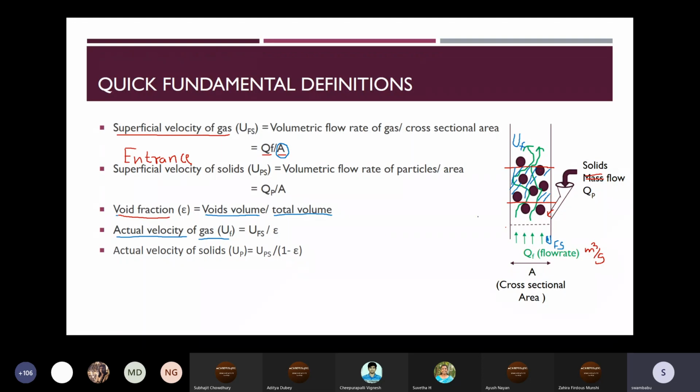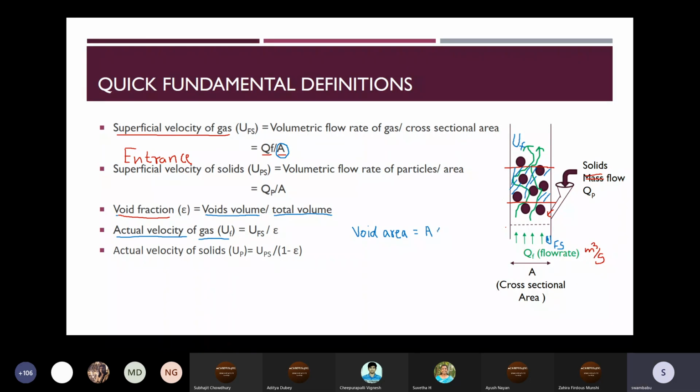So how much will it be? What will be the void area? The void area will be the cross-sectional area into, can anyone say what will come here?